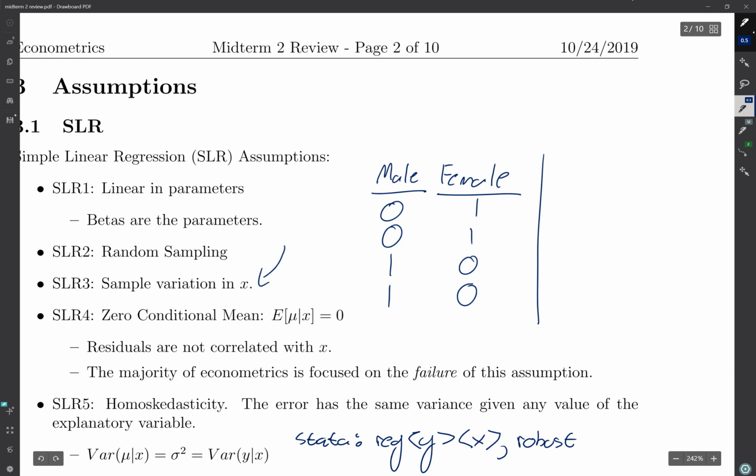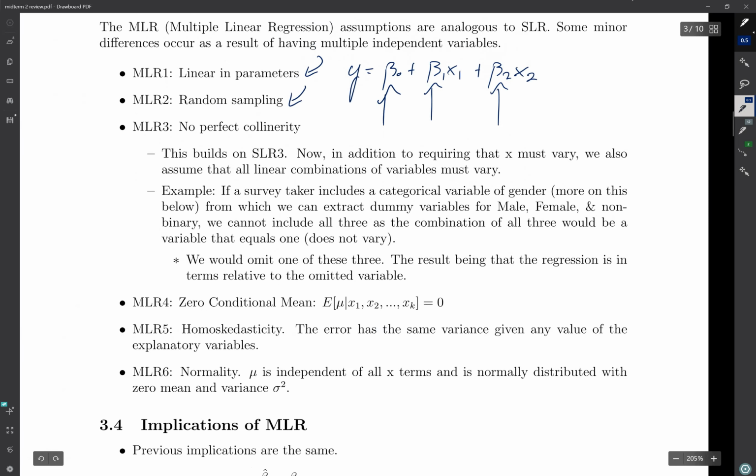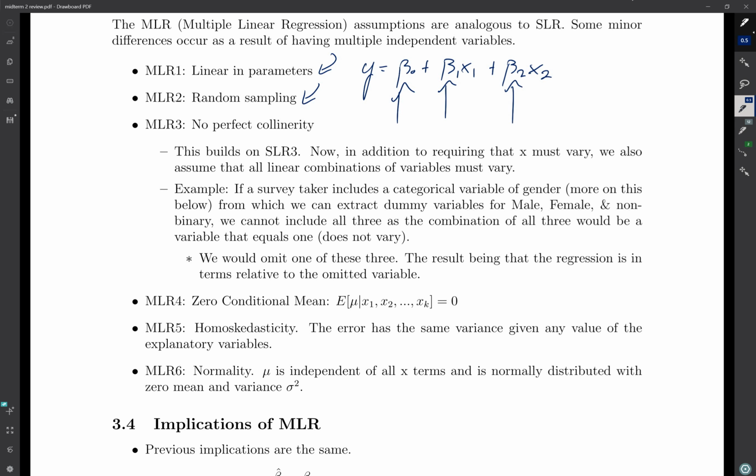So if we added them up, 1, 1, 1, 1, there's no variation here. So we can't do that. This is the same kind of problem that we ran into with a single linear regression. All right, so we need to make sure that x varies and combinations of x vary.